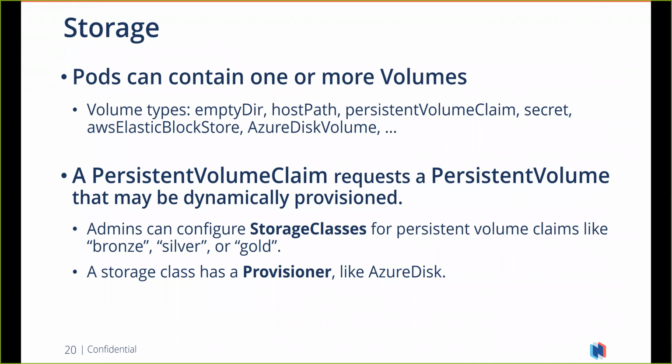Based on your backend storage class, so if you've configured, for example, EBS on your cluster, an EBS disk will get created and attached to your pod so that it can be consumed. So this gives you the ability to dynamically create volumes for your workloads, and also, based on the claim, to reattach volumes to pods as needed.